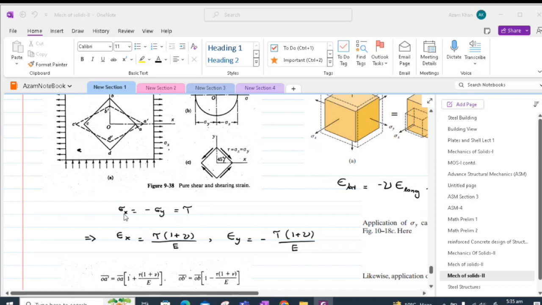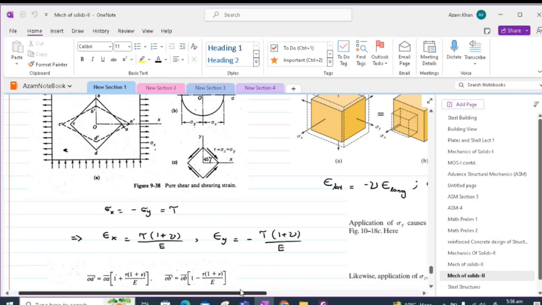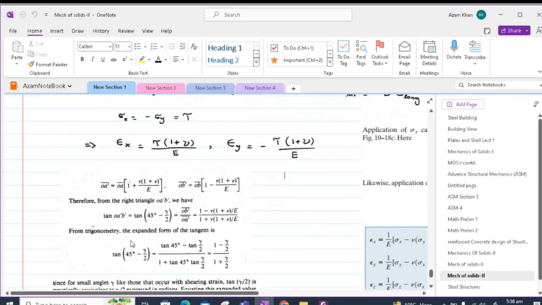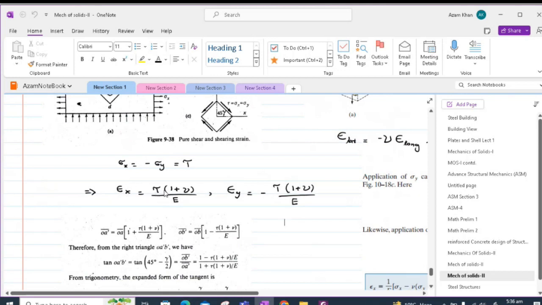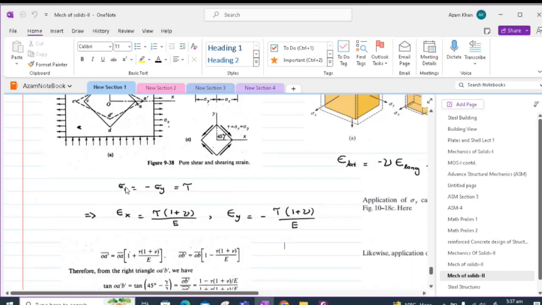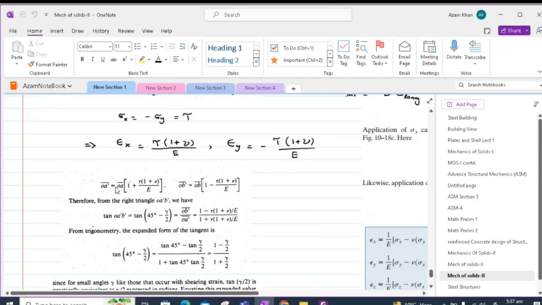Since sigma x is equal to minus sigma y is equal to tau, we can put the values in the biaxial strain expressions, and we will get epsilon x equal to tau (1 plus nu) by E. Similarly, epsilon y will be equal to minus tau (1 plus nu) over E. The deformed lengths of the sides OA and OB can be written as OA prime equal to OA [1 plus tau (1 plus nu) divided by E].